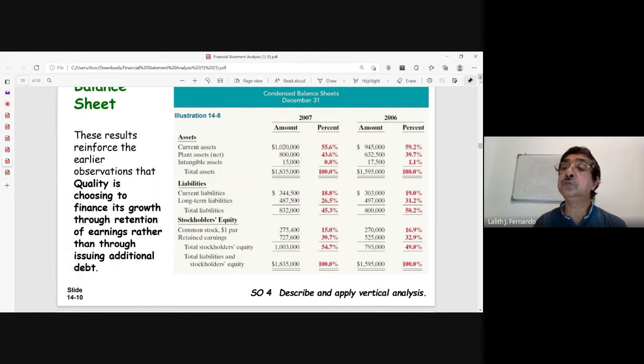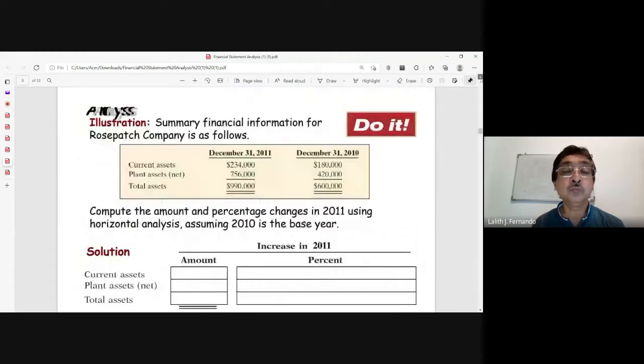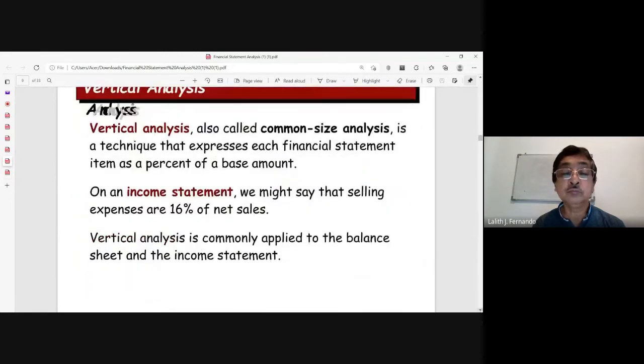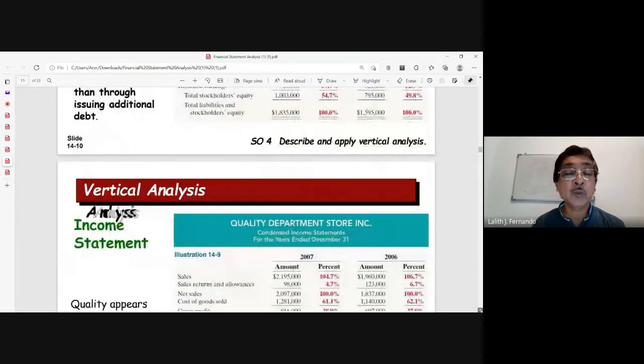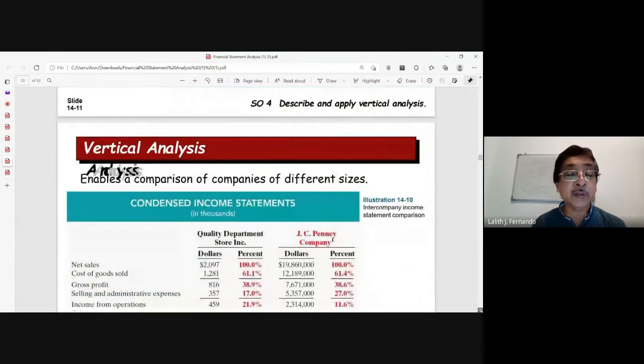Now here you... now first of all we will try to calculate the liquidity ratios.